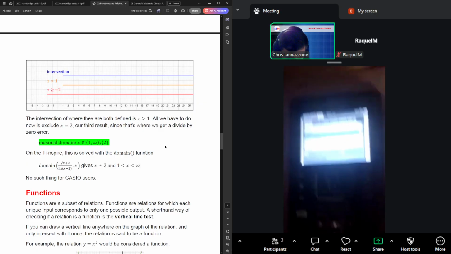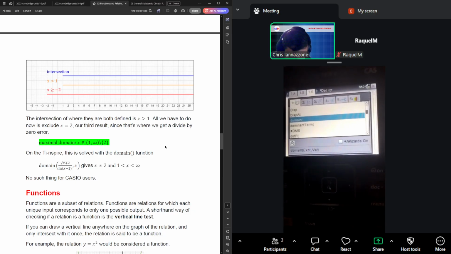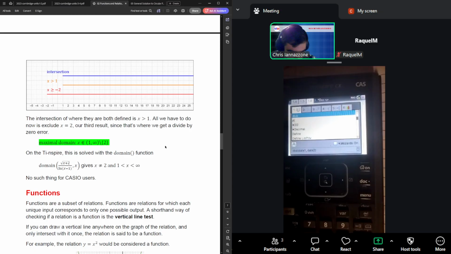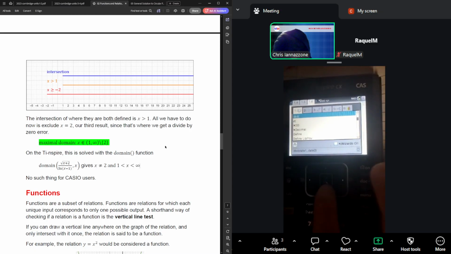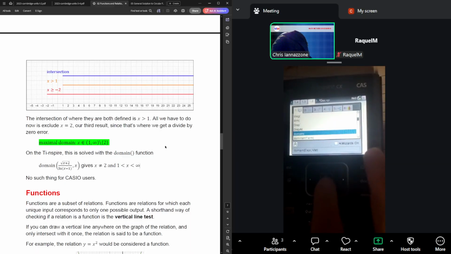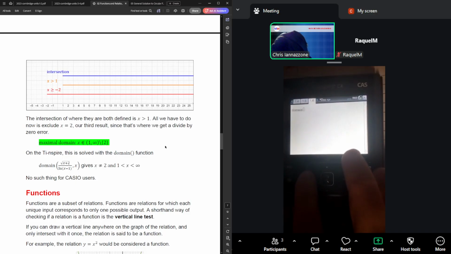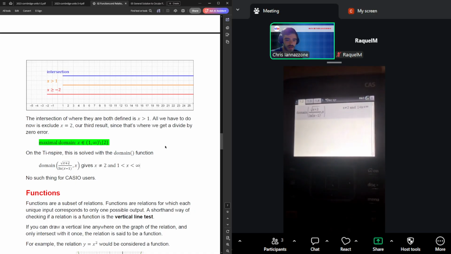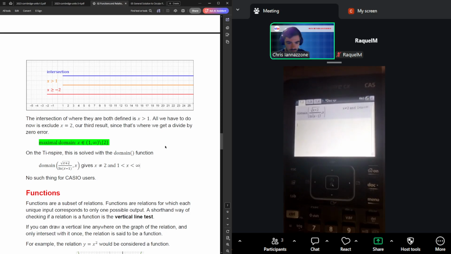If you tap that, I've still got it up from last time when I showed it. Basically, if you just press D on your keypad, it'll take you to the top of the D menu. And just search down until you find domain. I might even have a copy of it somewhere else I can show you. Yeah, there you go. So you're basically printing exactly that, and you get it in its language.